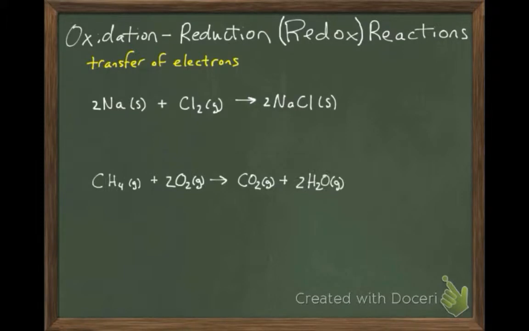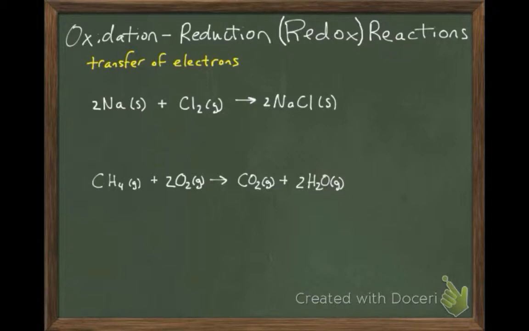So these are examples of redox reactions, and what we're going to learn in this video is how to identify these as redox reactions and then assign which species, which reactant, is being oxidized and which one is being reduced. First, let's define a few terms.